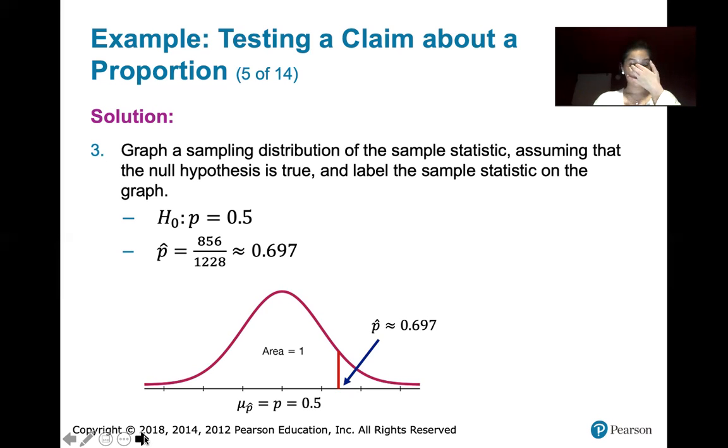To determine whether p hat is significantly high, we're going to convert p hat to the corresponding test statistic. That's just converting from this approximately normal, non-standard distribution to a standard normal distribution.